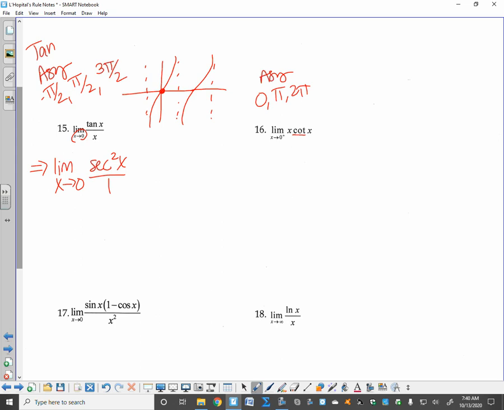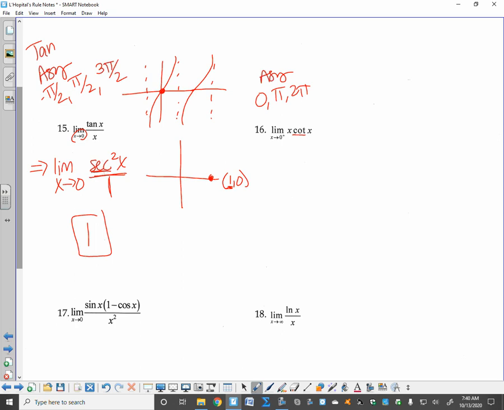So now let's go back to the unit circle. So I'm headed to 0. Cosine is 1. So this is 1 over 1, which is 1, squared, which is 1, over 1, which is 1. Okay, headed to 0 from the right.